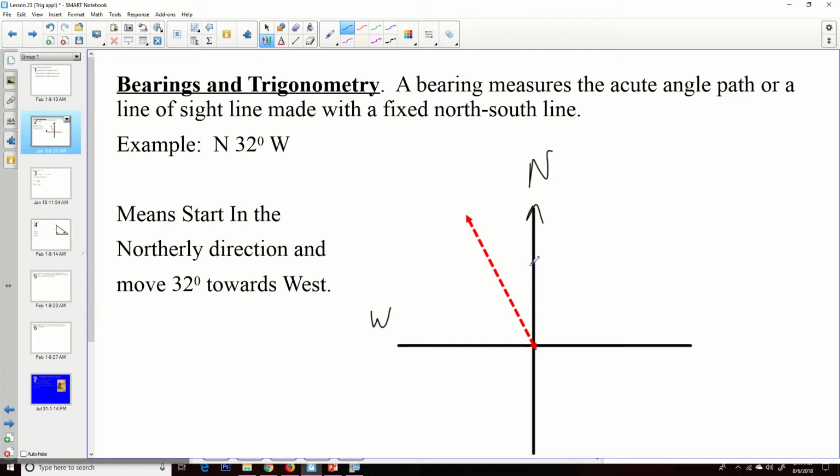So I'm going to start here and move this way. All right, so this angle here, it's going to start in the northerly direction and move 32 degrees towards the west. So this angle right here is 32 degrees.